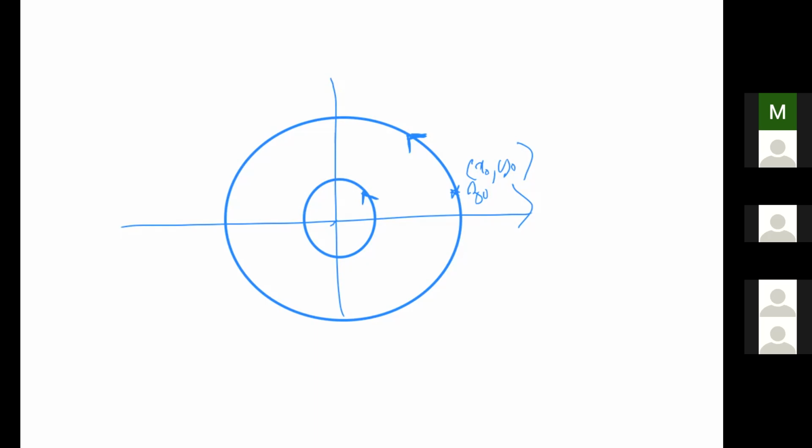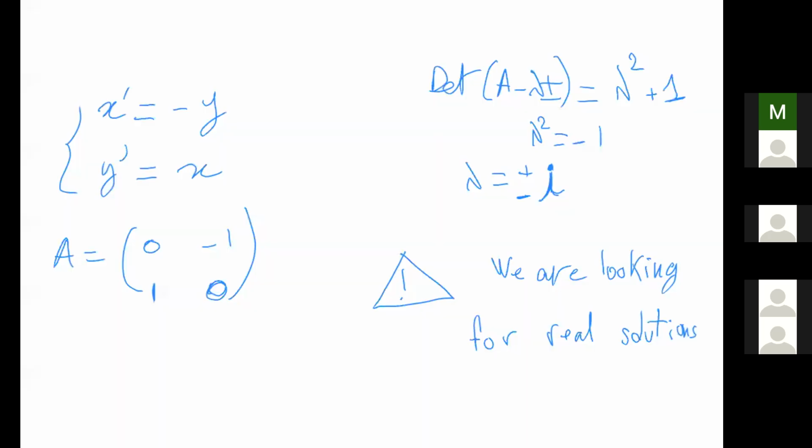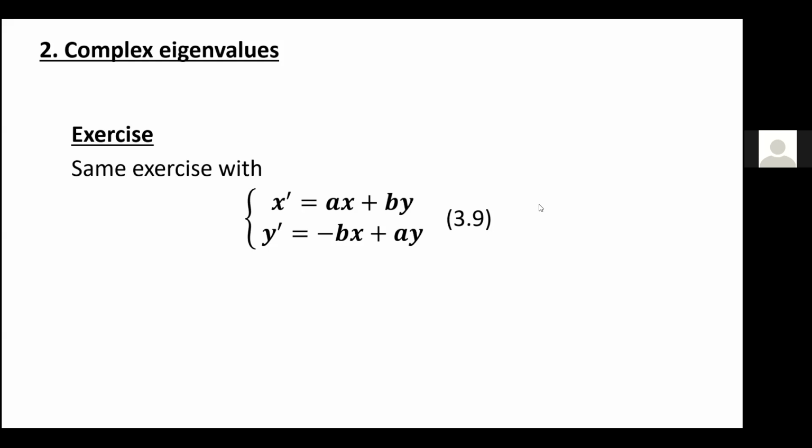All right. Yeah, so of course, the eigenvalues are complex. They are i and minus i. So next, we are doing the same exercise, but here my matrix is given by a, b, minus b, a, where a and b are real values. All right. So see you in a little bit.